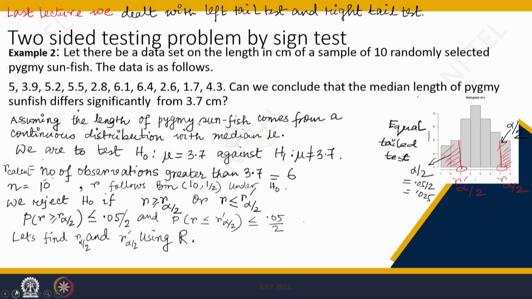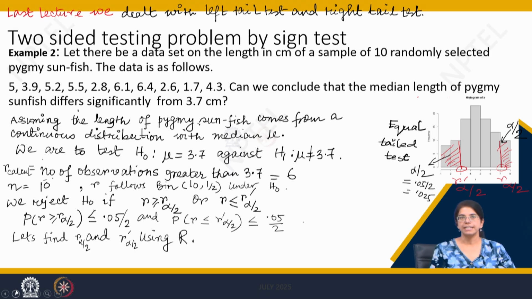Okay, so in the last lecture we dealt with the left tail test and the right tail test, but we haven't touched the two-tailed test, right? So what will be the strategy when your alternative is two-tailed? How do you use the sign test in this case? Let's have one problem. Let there be a data set on the length in centimeters of a sample of 10 randomly selected pygmy sunfish.